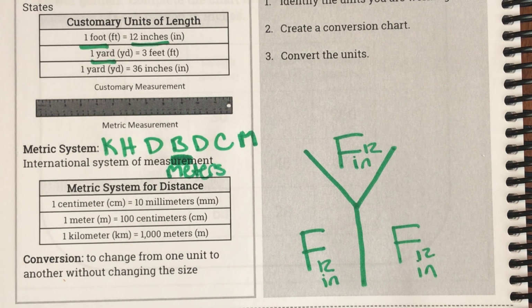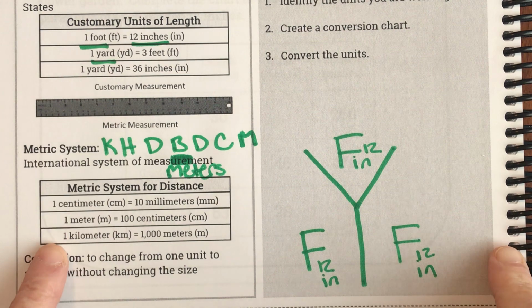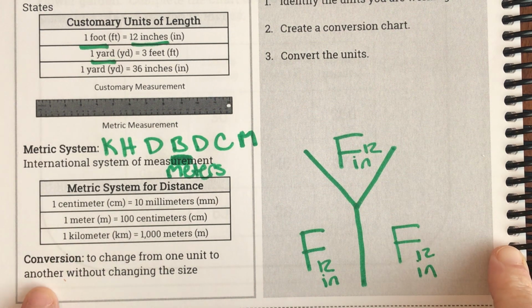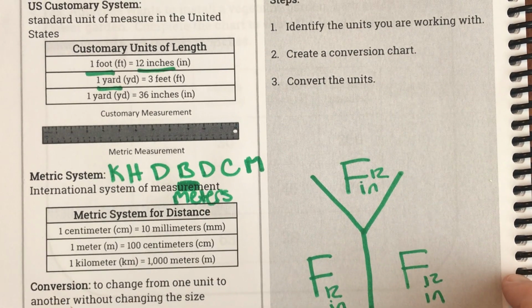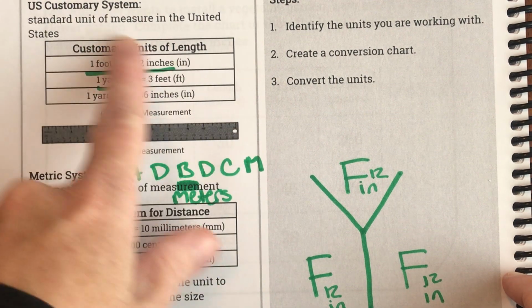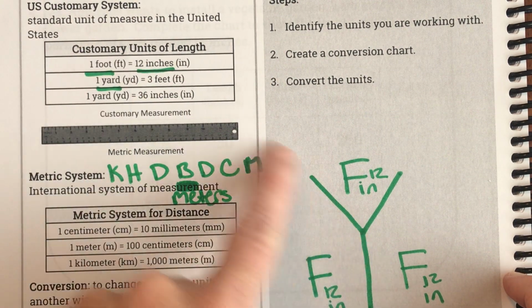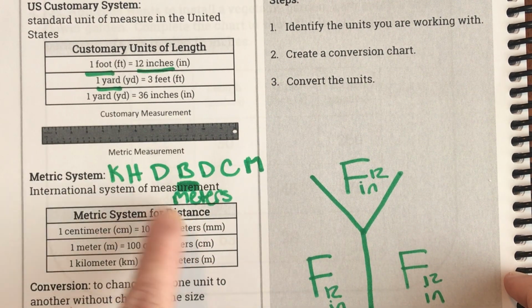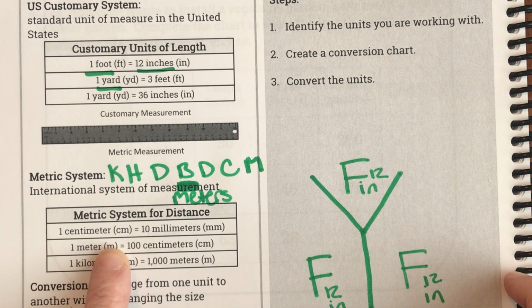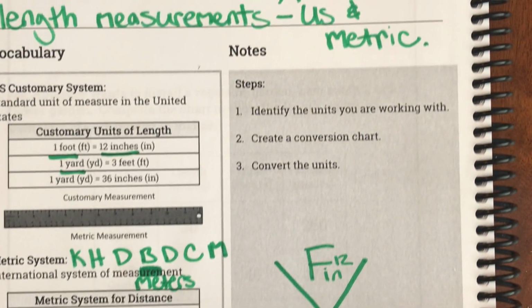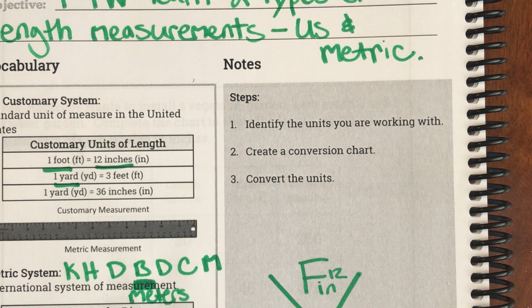Okay, so we're going to be practicing both the US system and the metric system. We talked about that in our other video: because we live in the US, we need to know this system. But because the entire rest of the world uses the metric system, we also need to understand it.